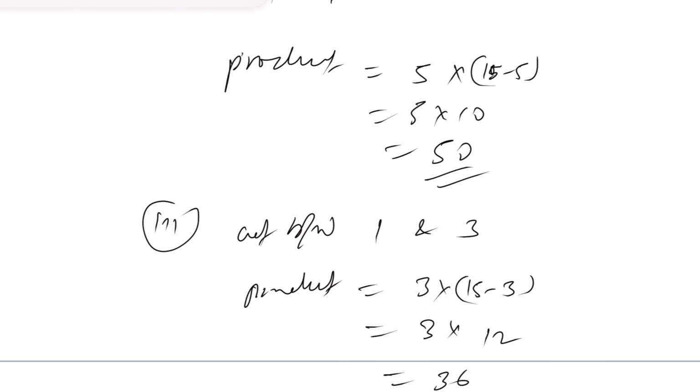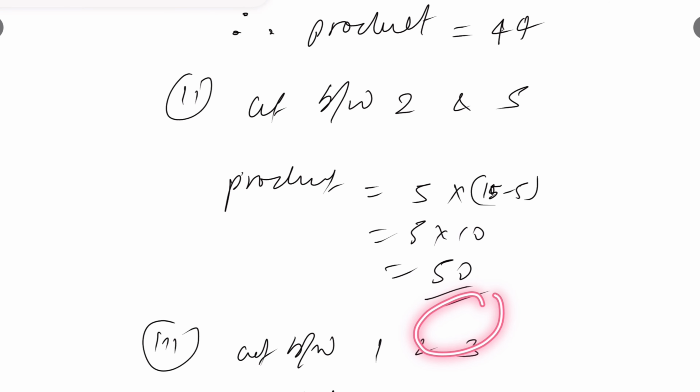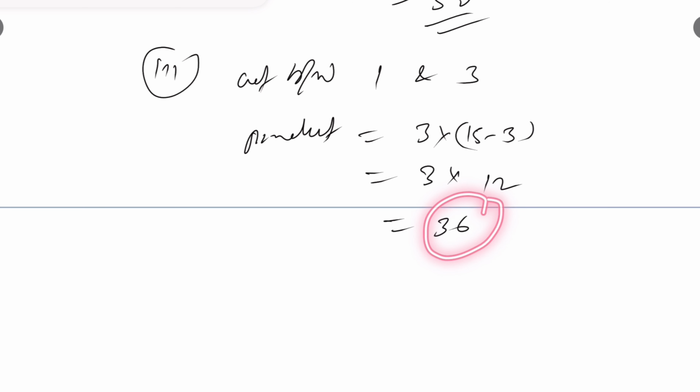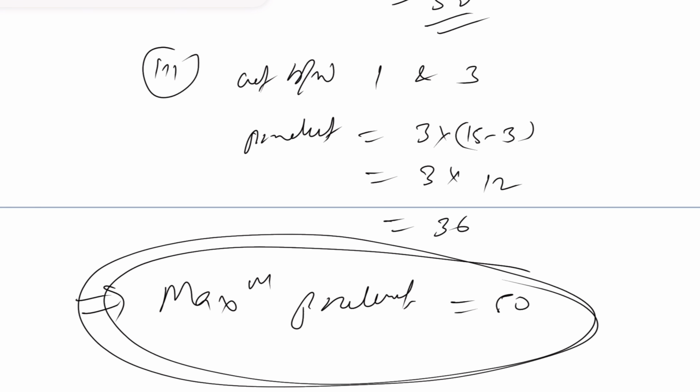So out of these, if I want to find the maximum, we have 44, then 50, then 36. Which one is maximum? 50 is the maximum. So the maximum product is 50, and this will be our answer for this case.